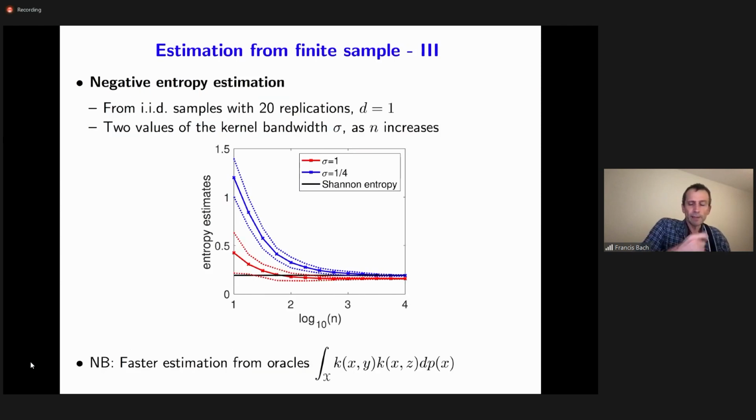All right, so now let me move on to what we can do with it. Now we have something which we can compute to measure distances. So at this point, wherever you are using MMD, you can use this one instead.